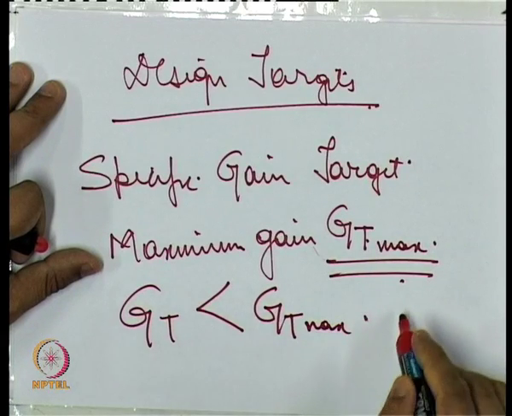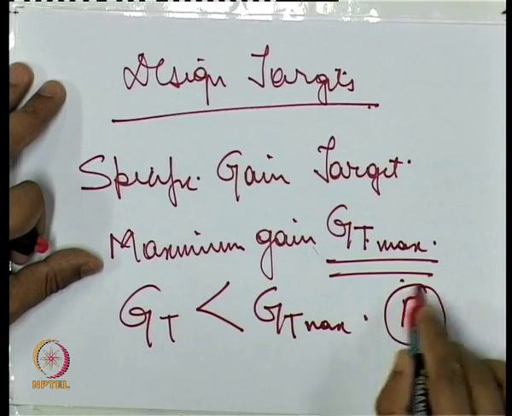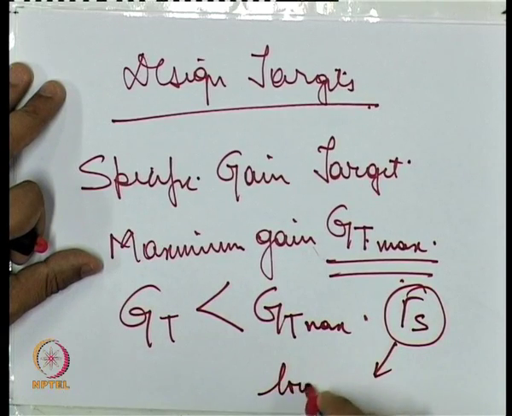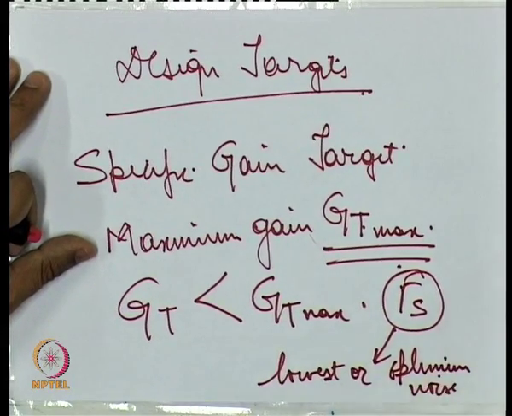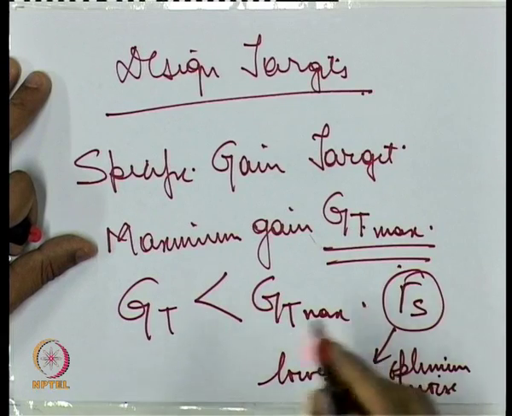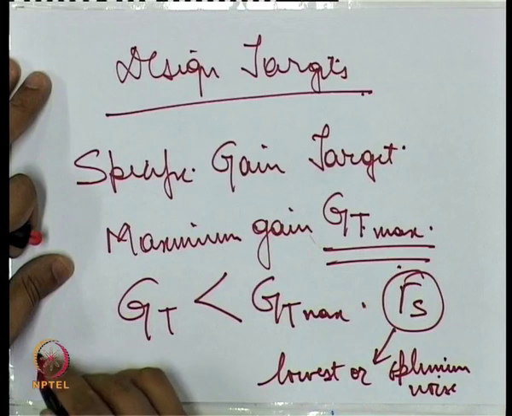Other possible is that, say, a particular gamma S which gives lowest noise or optimum noise, as we call it, or say it might give the maximum linearity.